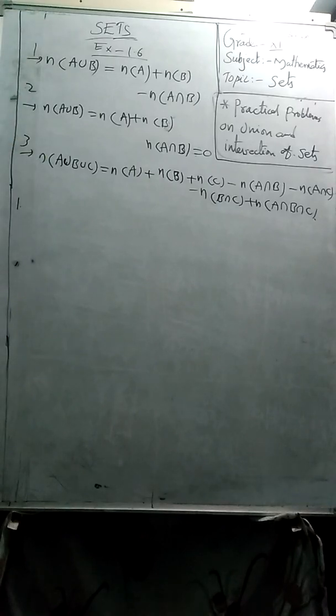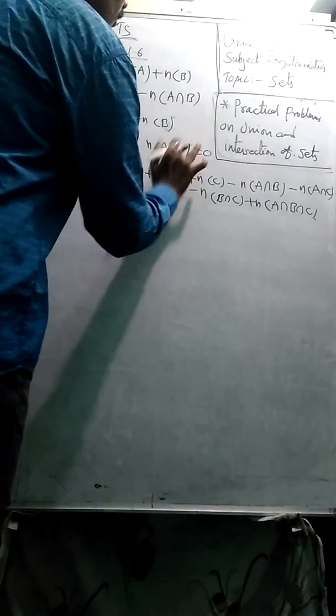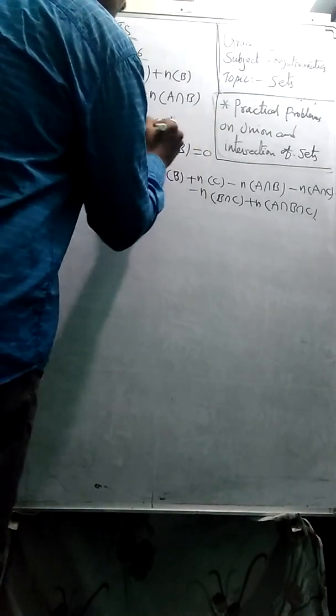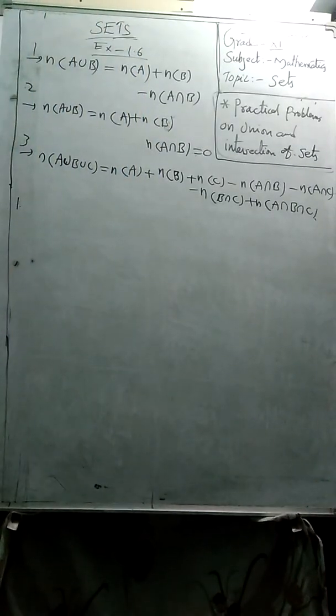Then you have learned about properties of sets, and operations on sets like union and intersection, complement, difference of sets, as well as Venn diagram representation. This is the last topic, practical problems on union and intersection of sets.